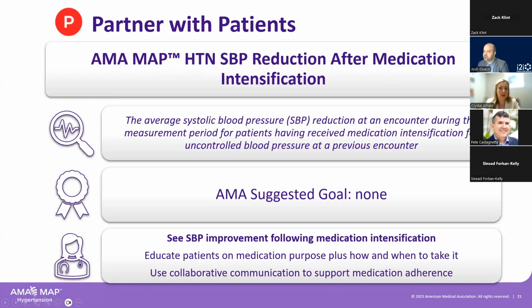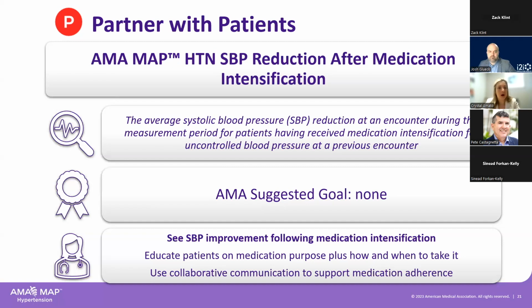All right, as we move on to Partner with Patients, there are 2 measures we're going to explore. The first is SBP reduction after medication intensification. This measure serves as a proxy for medication adherence. It builds on what we just described in the medication intensification measure.